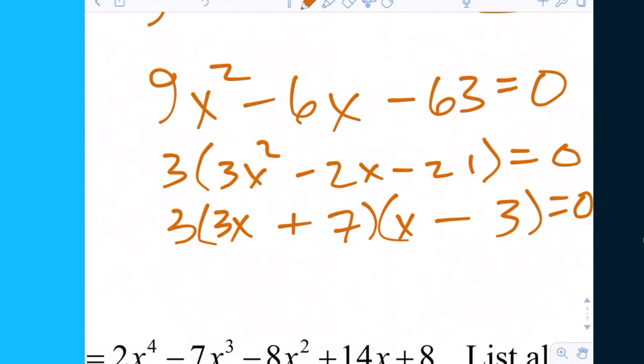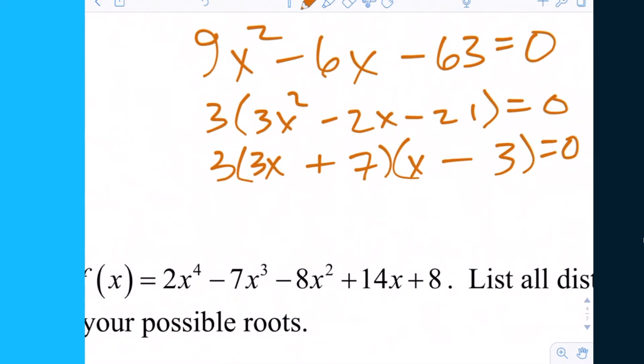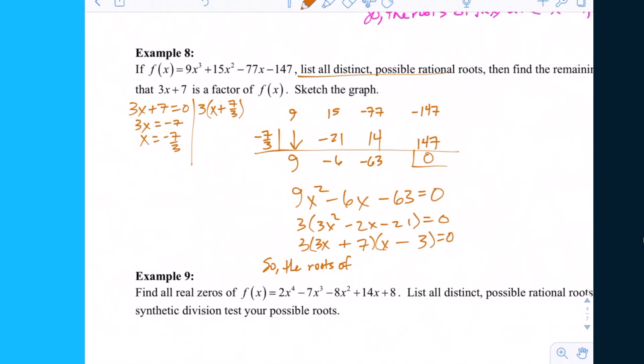Now this is a prime factorization of that quadratic, but notice again, it is not in linear form, or the factor theorem form, because we still have a 3 there. But that should work. Now, answering the question, it says list all the distinct possible rational roots. So let's go ahead and list them. So the roots of, what's our function's name? f.